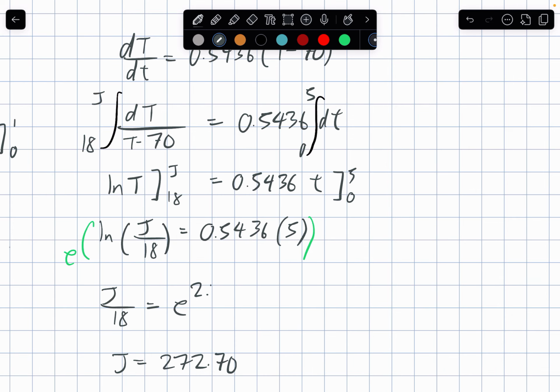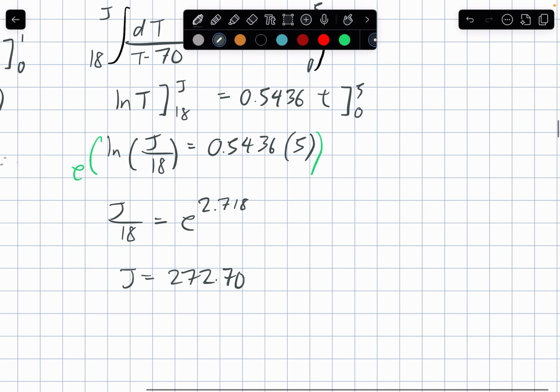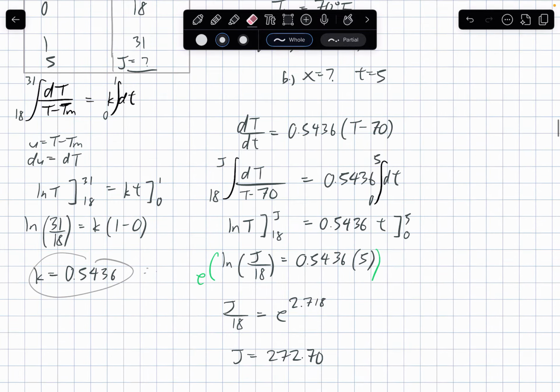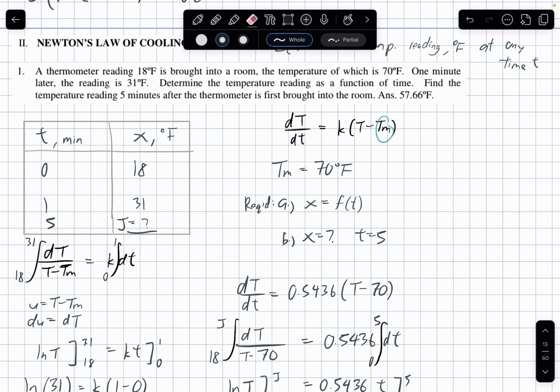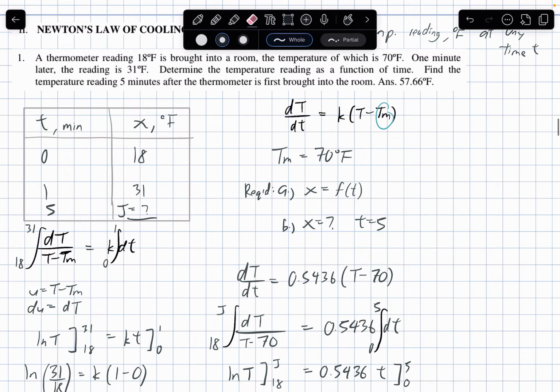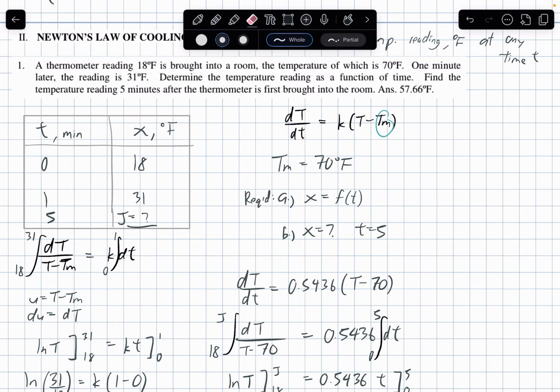It's the same thing. 70 degrees Fahrenheit. Temperature reading as a function of time.